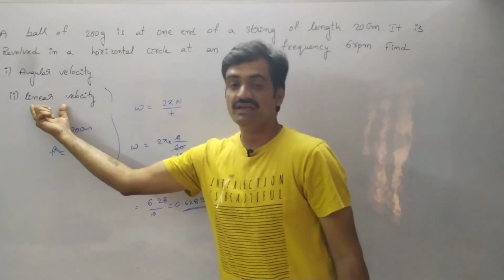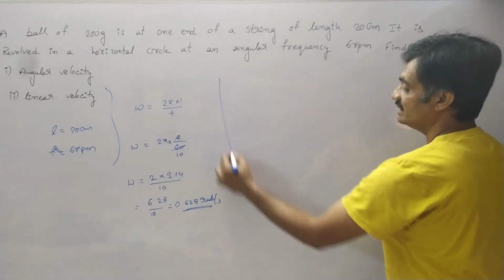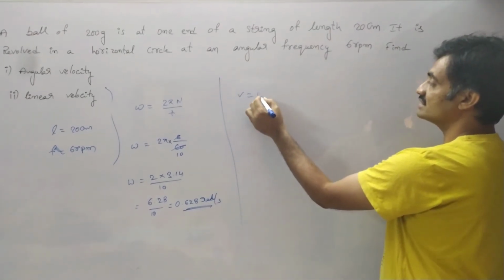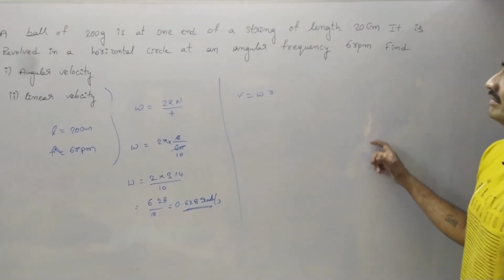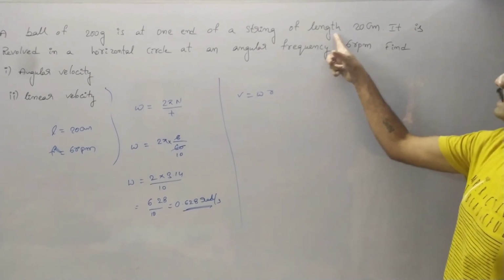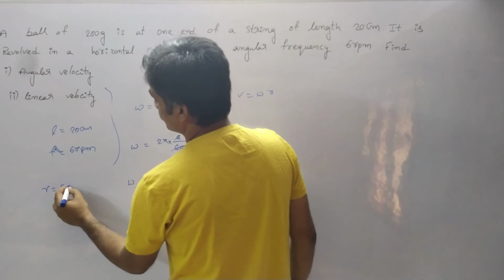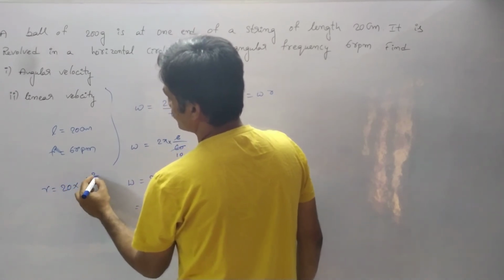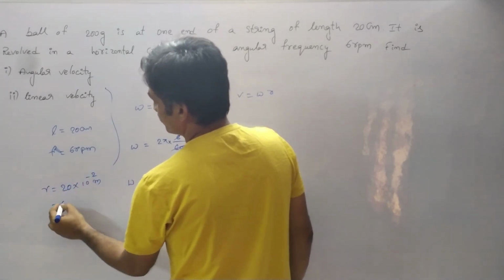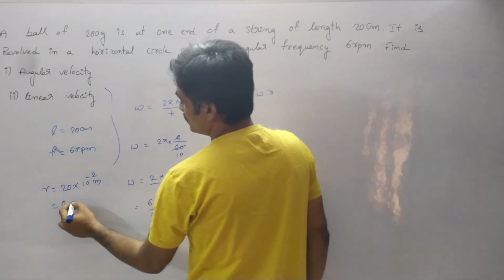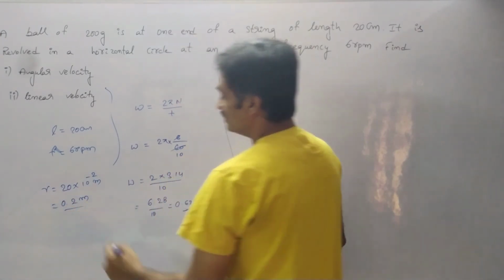Whereas we have to find linear velocity. In order to find the linear velocity, we know that v equals omega r, where the length is 20 centimeters. So r can be given as 20 into 10 to the power of minus 2 meter, which is 0.2 meter.